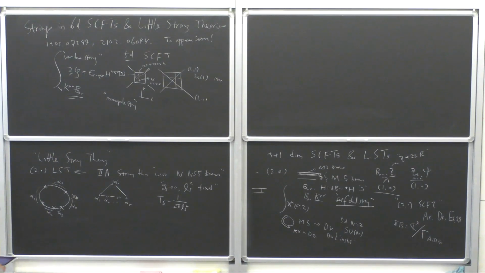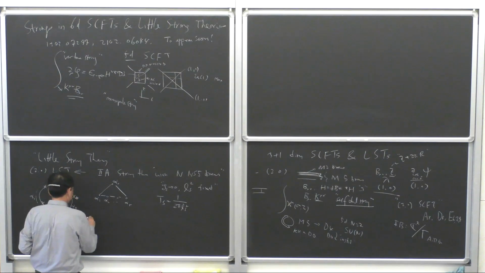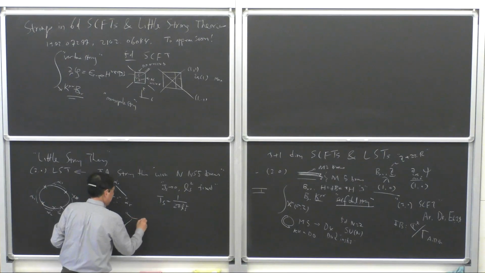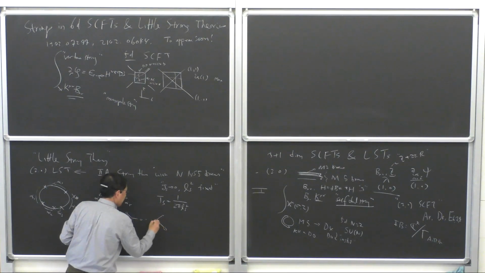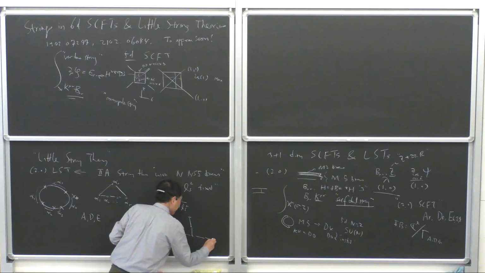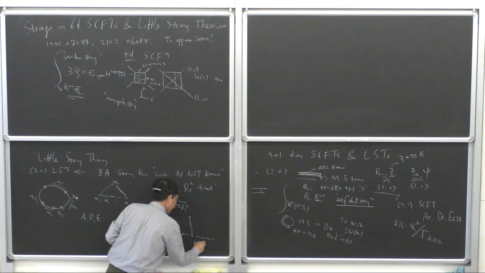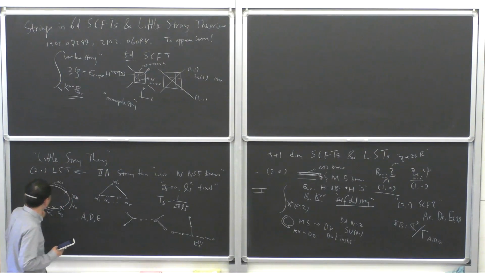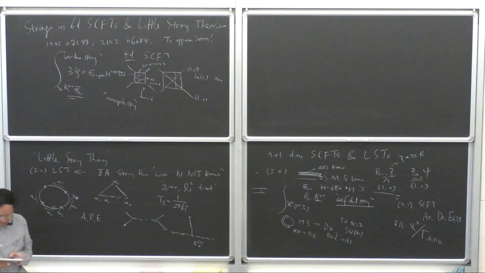And as I said, there are again ADE types. That's D type, and E6, affine E6, for example. So this affine Dynkin diagram captures the 6D 2,0 little string theory. So you don't need to go to 5D to have an affine property because we have a hidden M circle there.